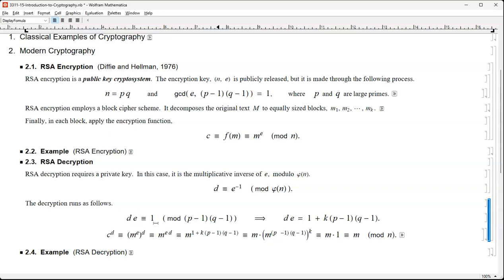D times E is 1 modulo phi of n. And then we can use the theory of the Diophantine equation. D times E is congruent to 1 can be rewritten as D times E is 1 plus an integer times phi of n. Yeah, instead of P minus 1 Q minus 1, let's use phi of n.